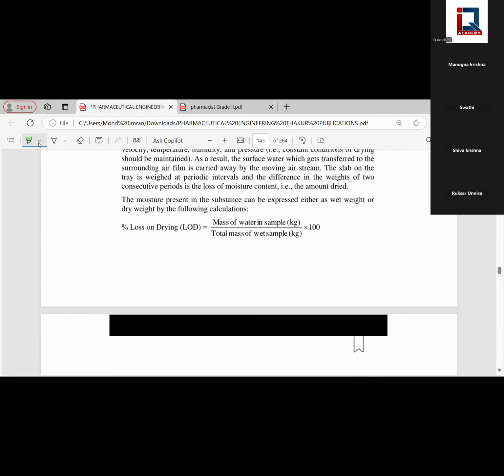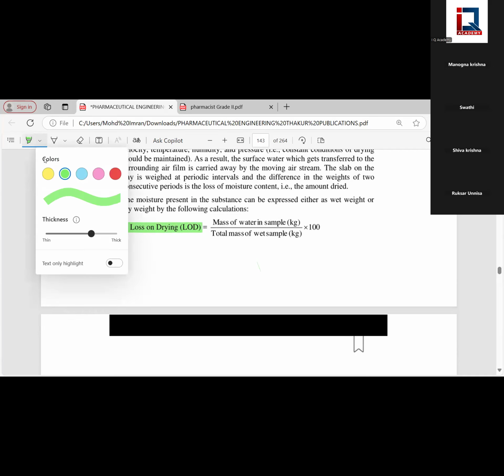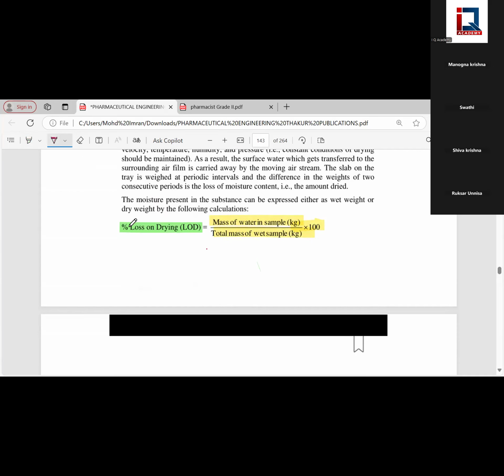Then one more very important thing you should remember is percentage loss on drying, LOD. How to calculate loss on drying: mass of water in the sample divided by the total mass of the wet sample, multiplied by 100, will give me the LOD, loss on drying.